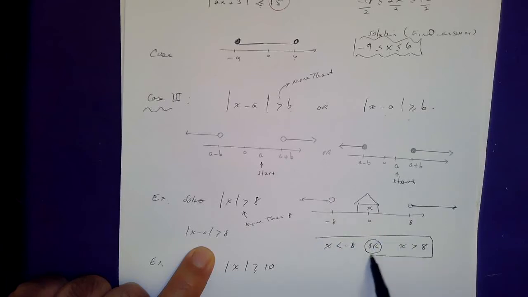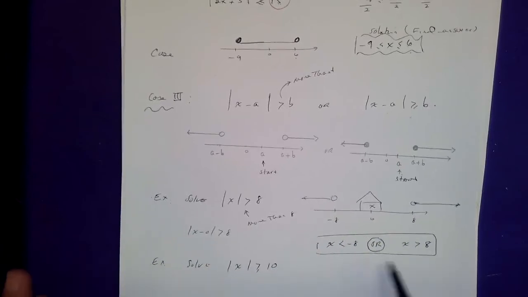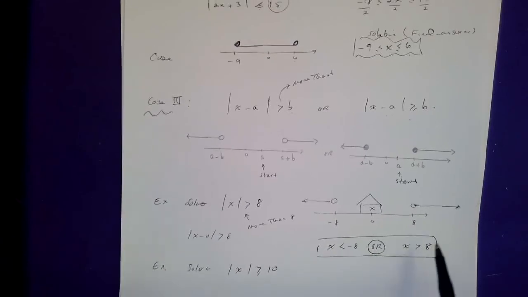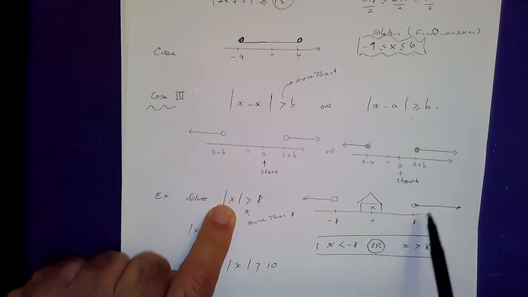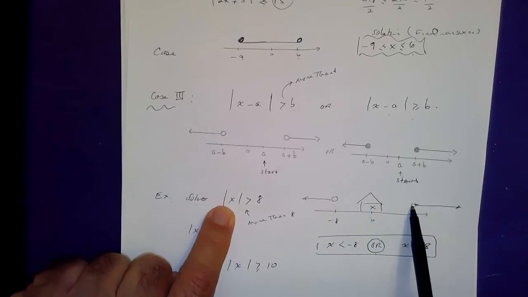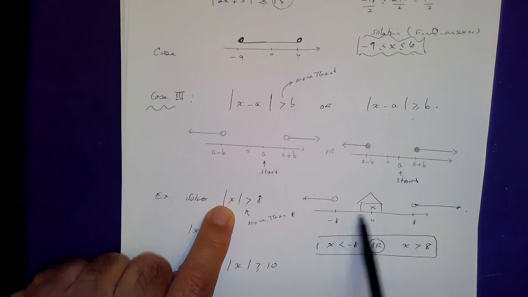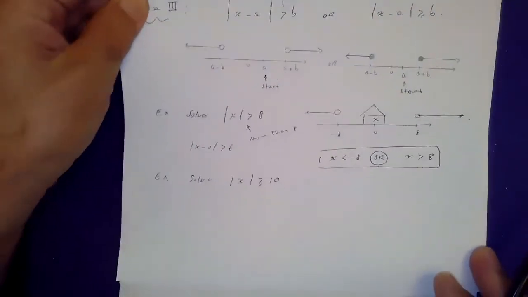So notice the solution shows up in two separate pieces connected by the word or. Values of x greater than 8 or less than -8, but nothing in between, right? So that's basically how we write this.